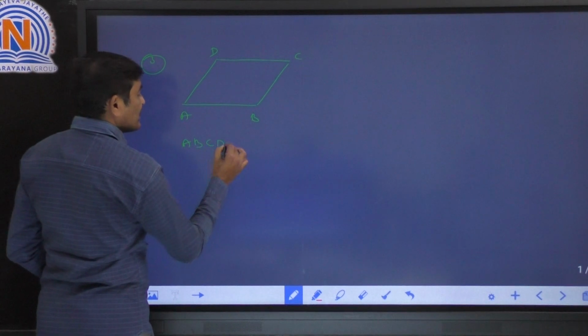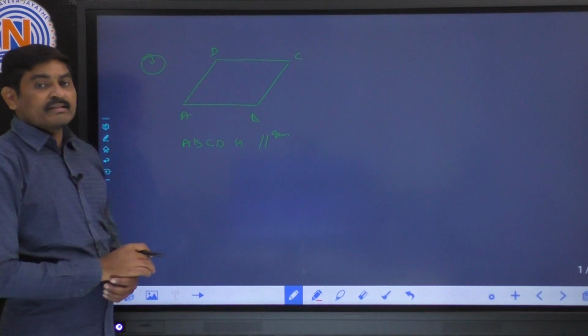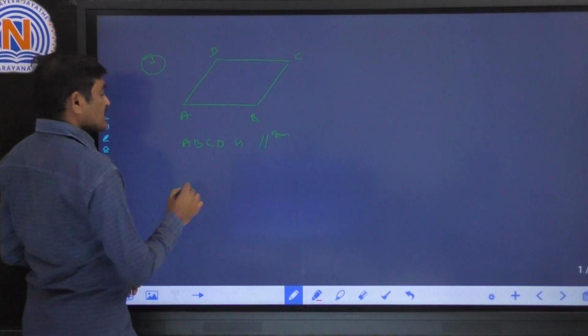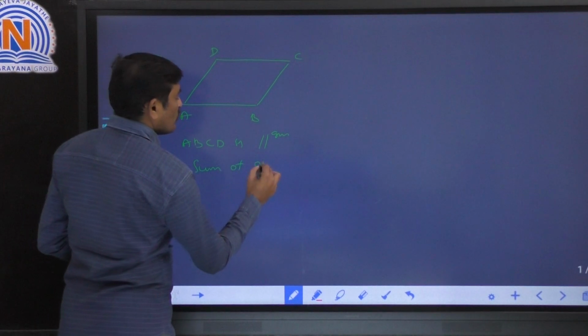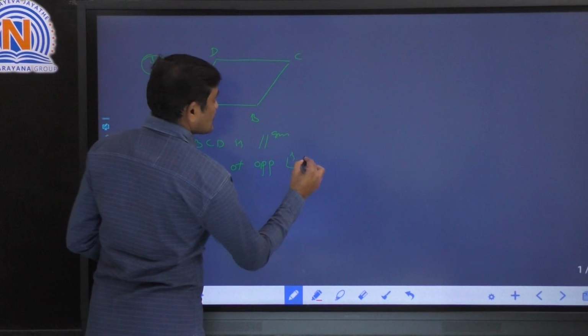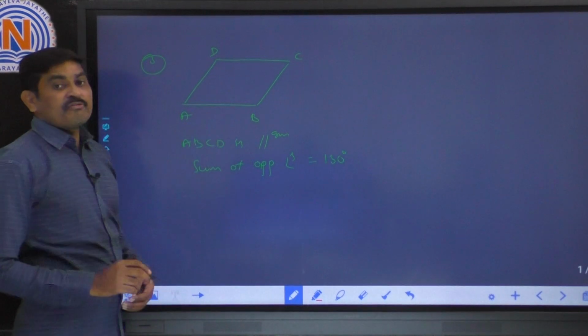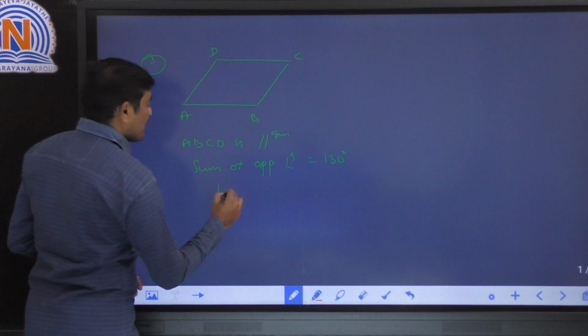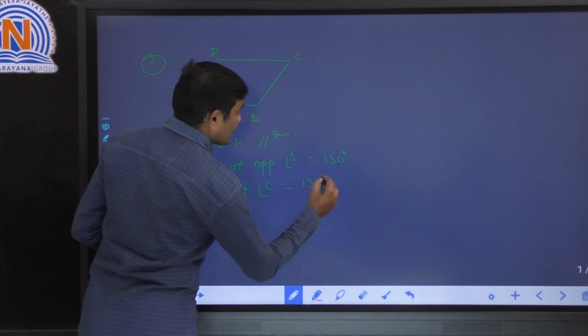Here the sum of opposite angles is given, equal to 130 degrees. Let us take one pair of opposite angles. Angle A plus angle C is equal to 130 degrees.